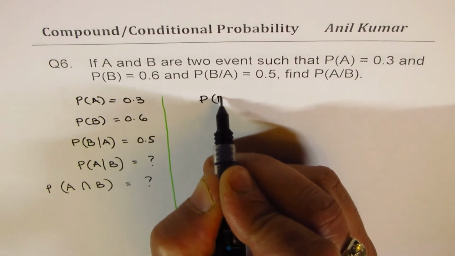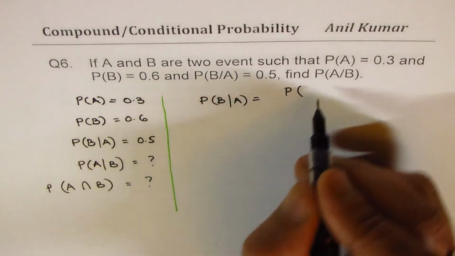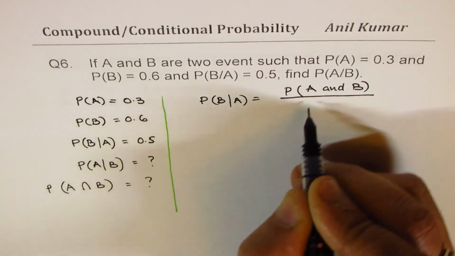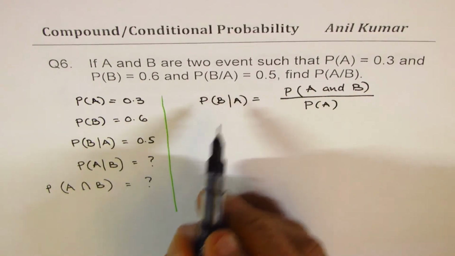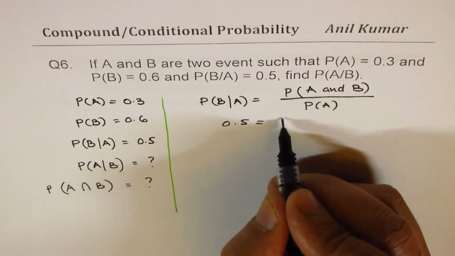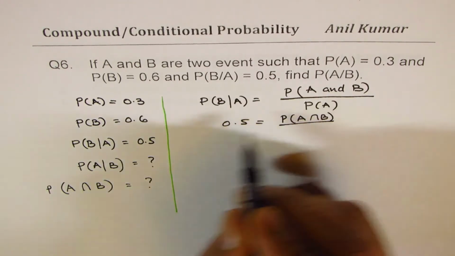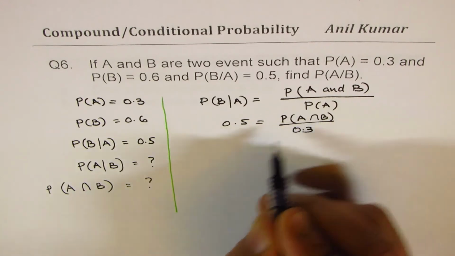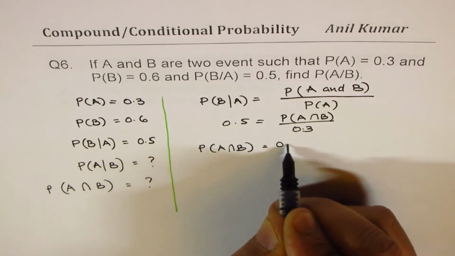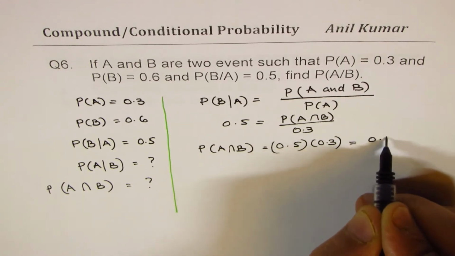It could be written as probability of B when A has occurred equals probability of A and B, or B and A, one and the same thing, divided by probability of A. Now we are given this is 0.5, equals A and B, which we have to find, divided by probability of A, which is given to us as 0.3. So the probability of A and B is equal to 0.5 times 0.3, which is 0.15.